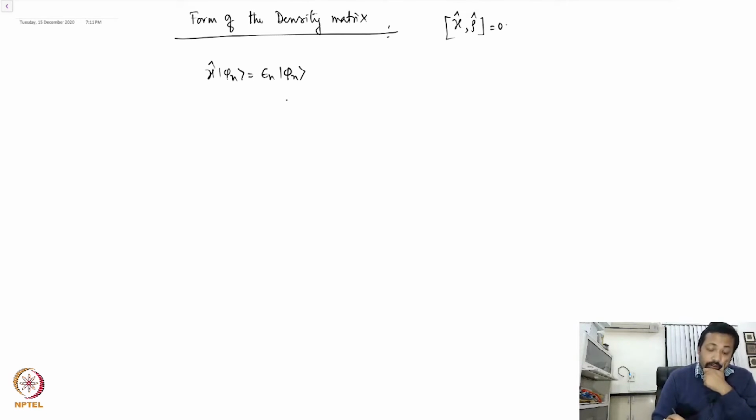So now, since I'm working in the energy eigenbasis, the density matrix will be diagonal.